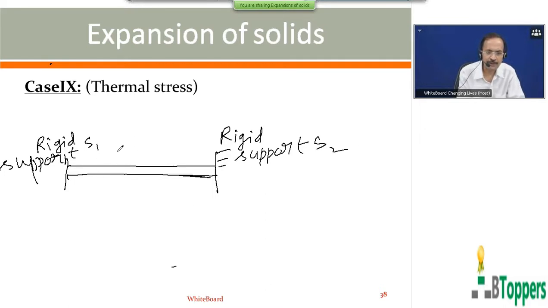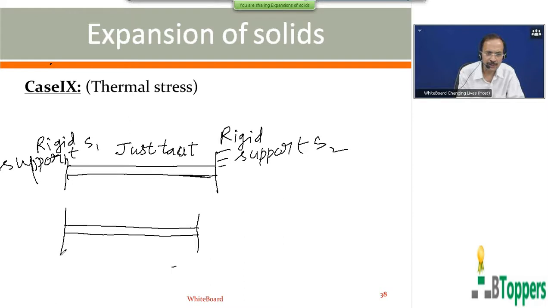Let us suppose the rod is initially just taut with negligible tension. Then when the temperature of the rod suppose increased, then the rod will tend to expand.